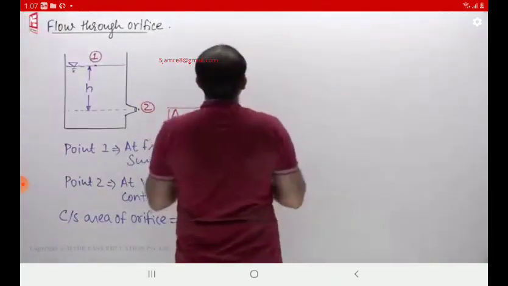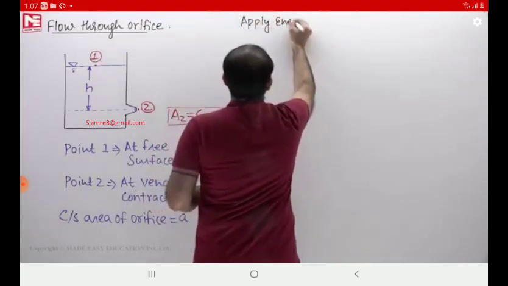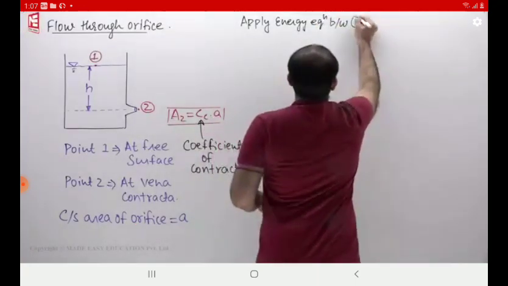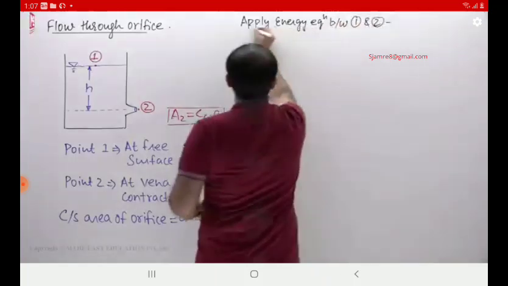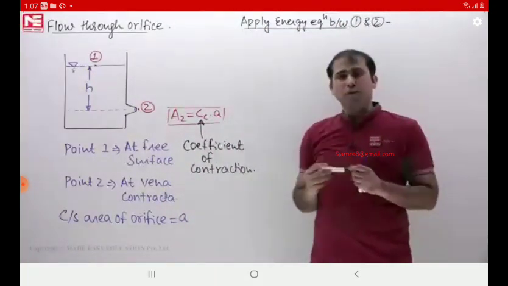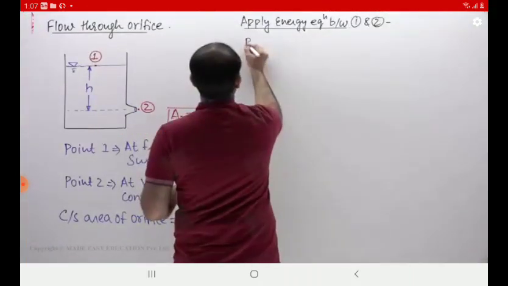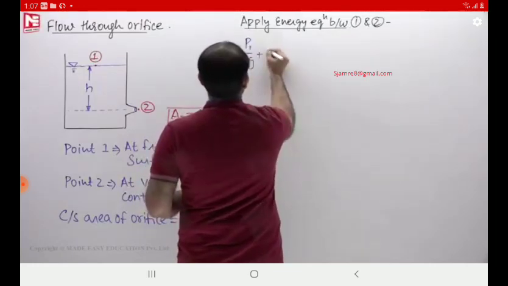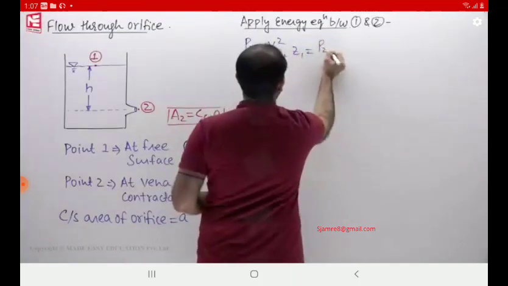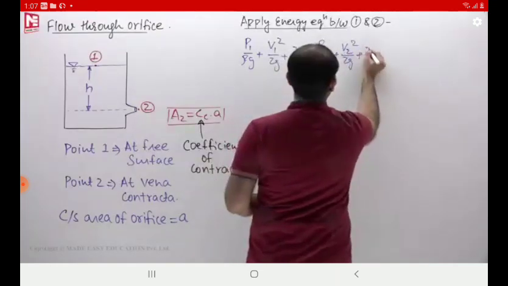So P1 by rho g plus V1 square by 2g plus Z1 is equal to P2 by rho g plus V2 square by 2g plus Z2.